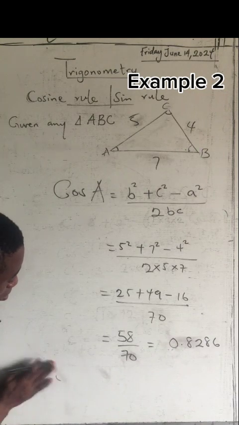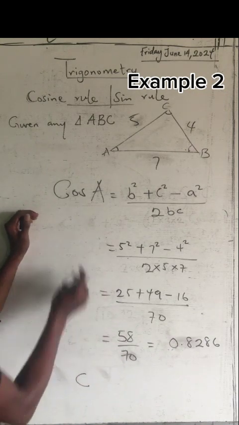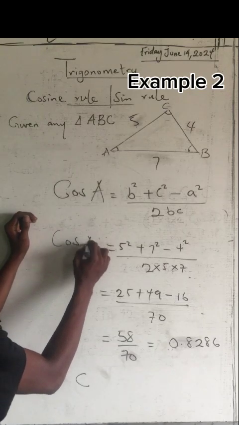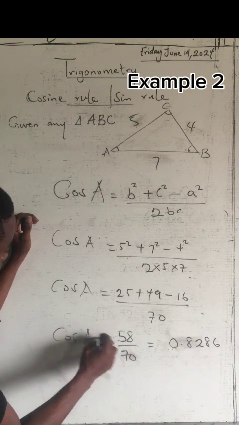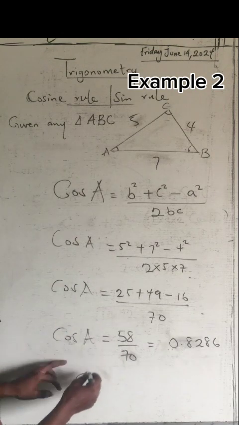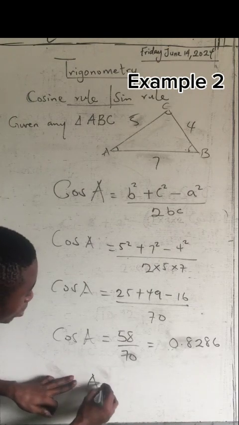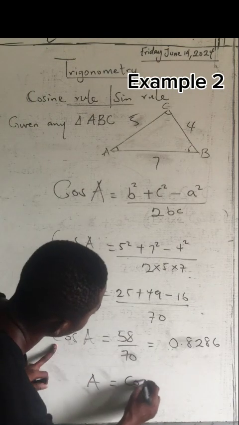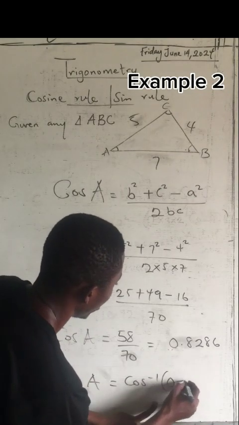When you have this, then you find the cos inverse. Now what I have here all through is cos A, so we are going to have the cos inverse of A, so that's going to be A alone in this place. Now I have cos inverse here, in brackets the answer that I have here.